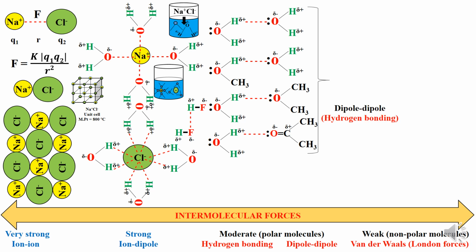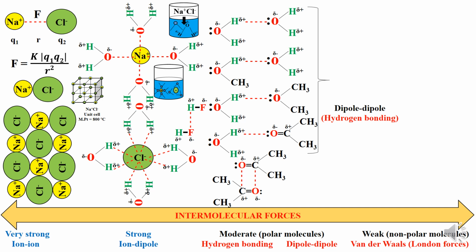So all these five examples are molecules held together by hydrogen bonding, and it's a special type of dipole-dipole interaction. Hydrogen bonding is a special type of dipole-dipole interaction where the hydrogen atom covalently bonded to an electronegative atom interacts with the electronegative atom of another molecule.